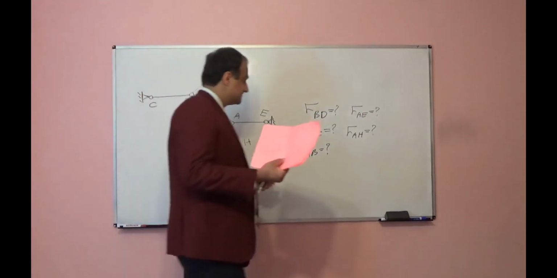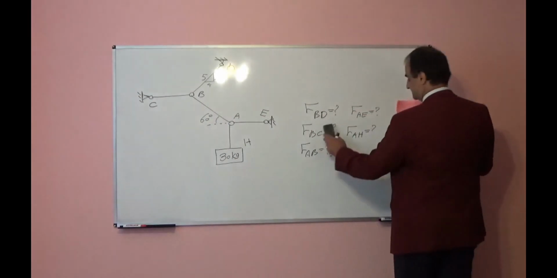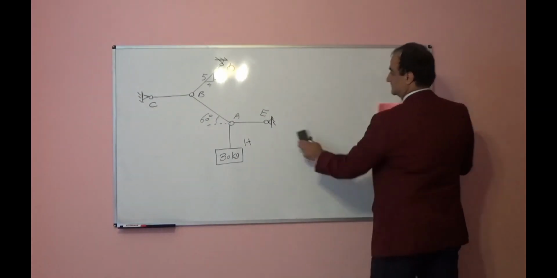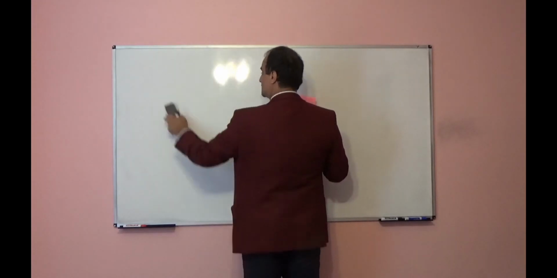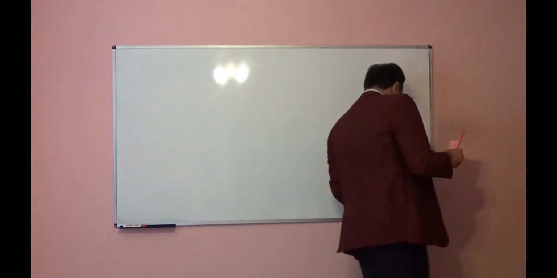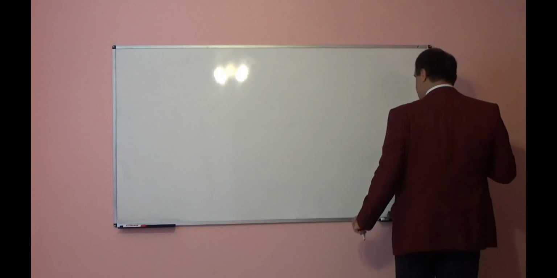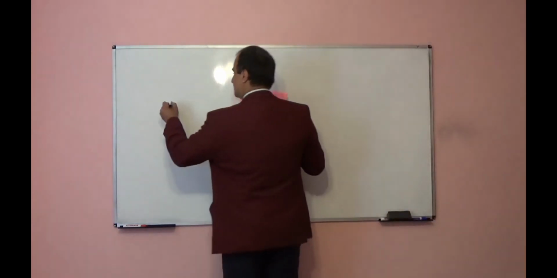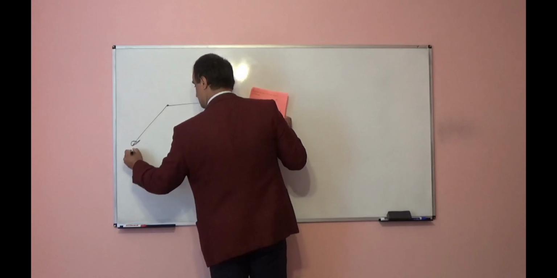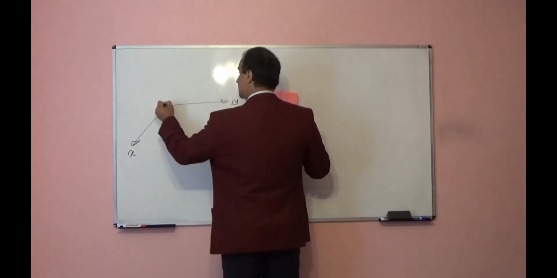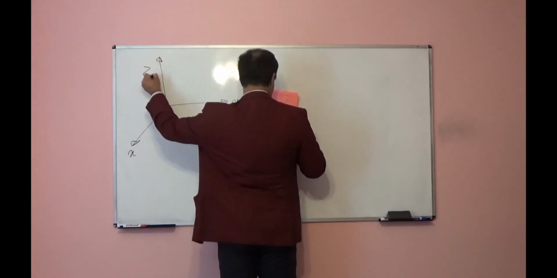Next one, this system was in a 2D plane. Let's look at one example today in 3D space. We have a 3D coordinate system, X, Y, Z direction.